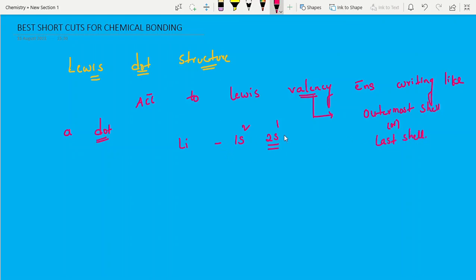Clear? Yes, this is the outermost shell. If you write shell-wise representation, this is 1s, 2s. Clear? That's all, students. You are going to write this one like a dot. Lithium, dot. That's it.